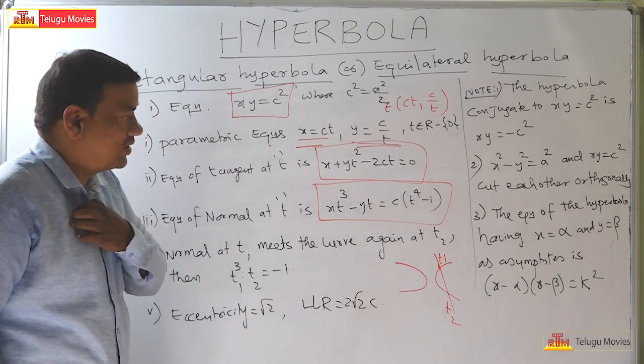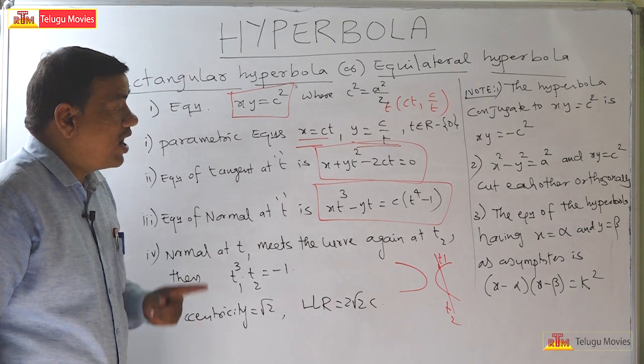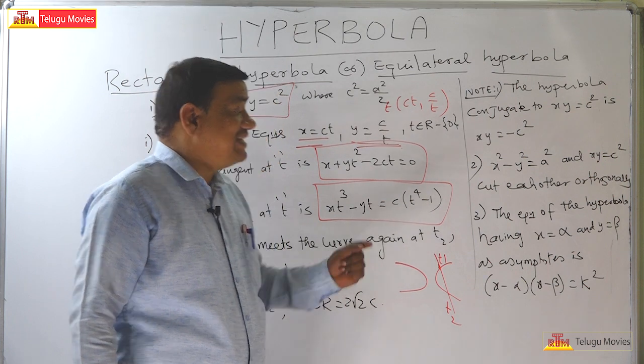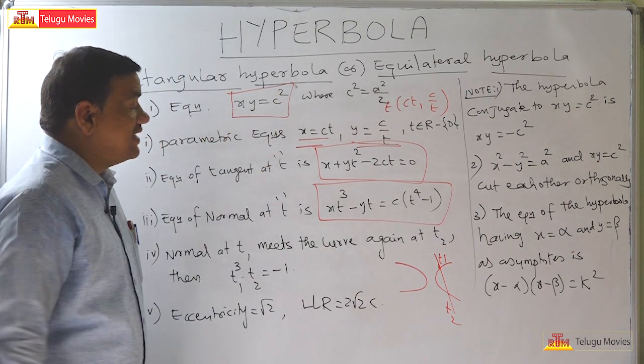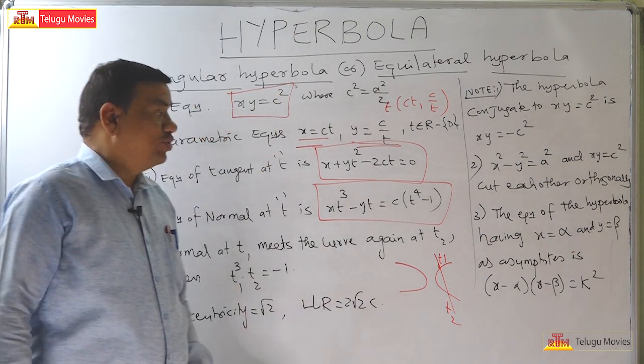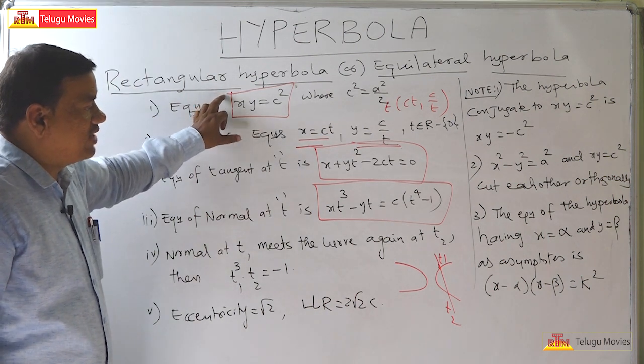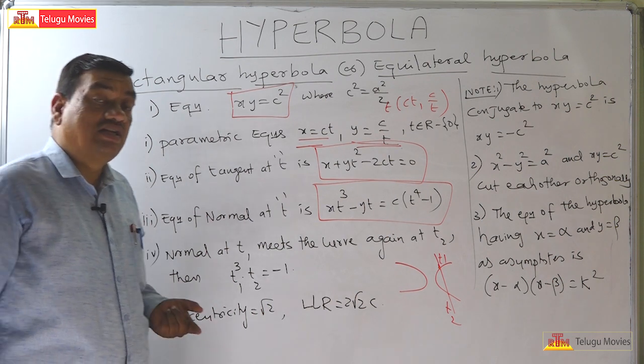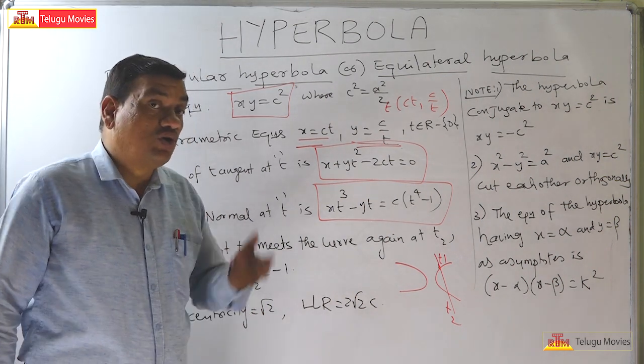Okay now, the equation of the hyperbola having x is equal to alpha and y is equal to beta as asymptotes is x minus alpha into y minus beta is equal to k square. Previously x is equal to 0, y is equal to 0 were the asymptotes.